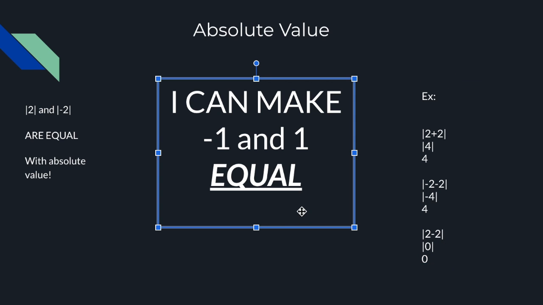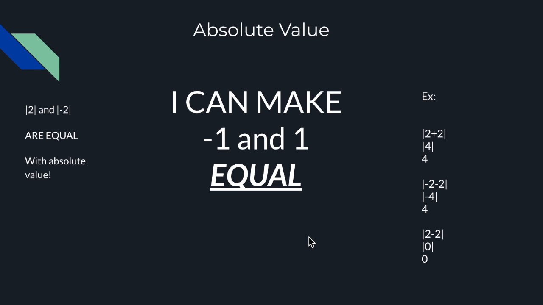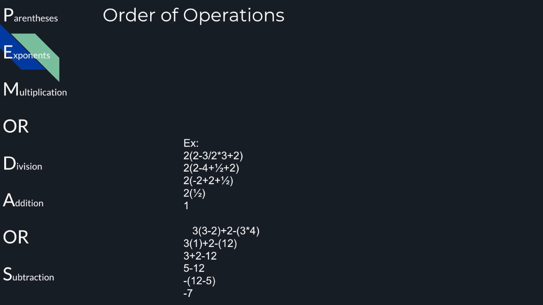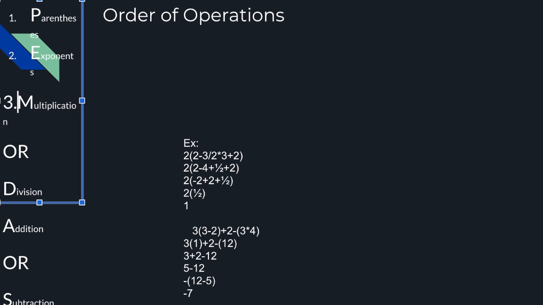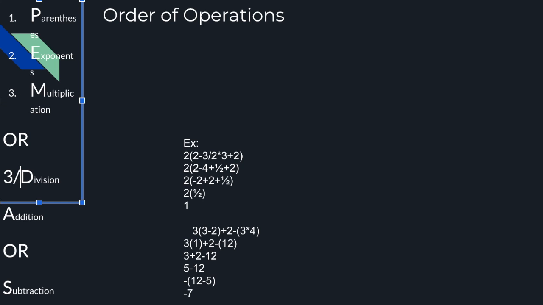I hope you guys understood everything in our video. First, let me give it a sum up. Order of operations, PEMDAS. You have to do it in this order: 1, 2, 3, also 3, 4, and also 4.